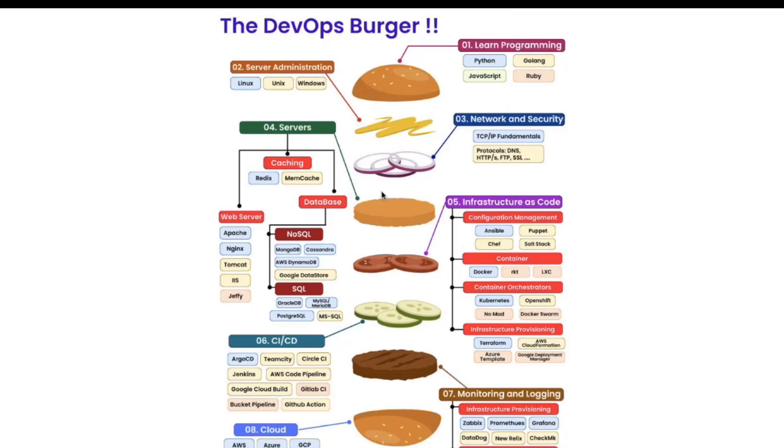So next is caching, Redis cache and Memcache. This is not required, but if you have the knowledge, then it is okay. And in the fourth layer, we have the database also, like NoSQL, SQL.